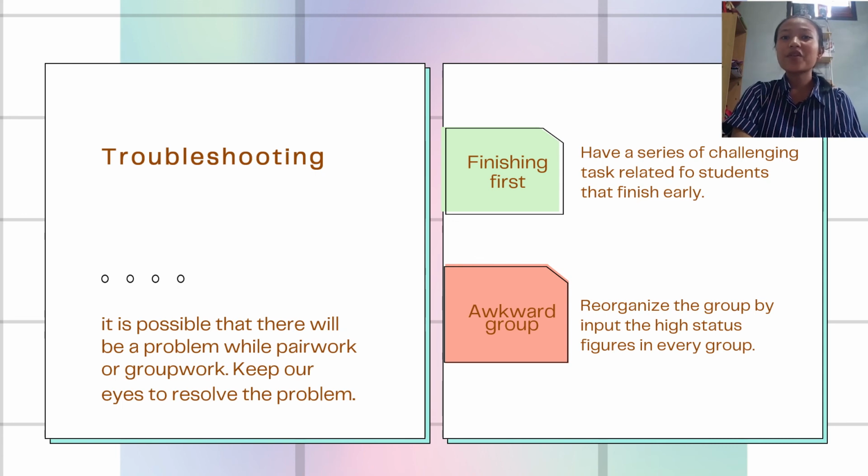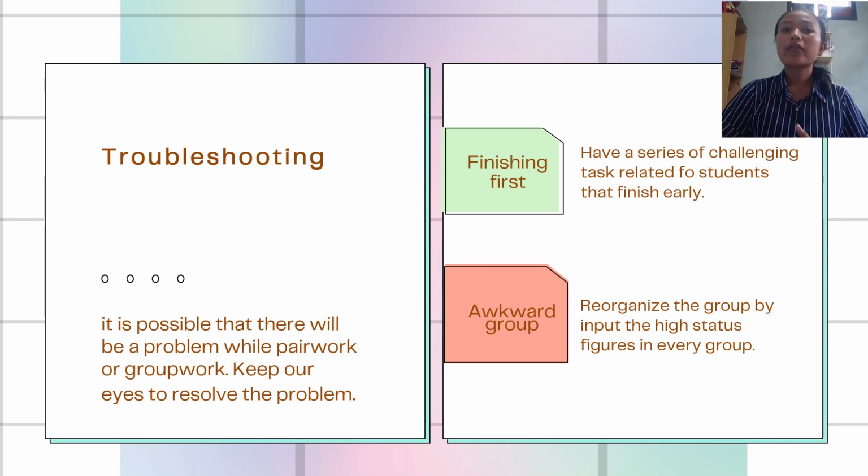Finishing first. A problem that frequently occurs when students are working in pairs or groups is that some of them finish earlier than others and show clearly that they have had enough time on the activity and want to do something else. We need to be ready for this and have some way of dealing with the situation.